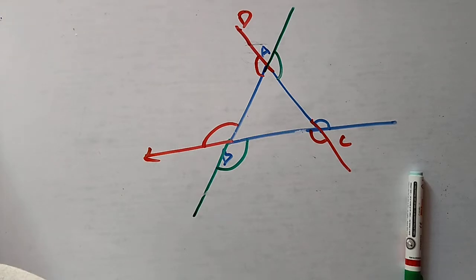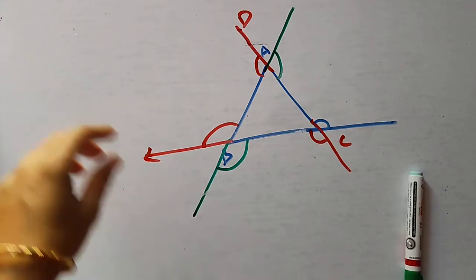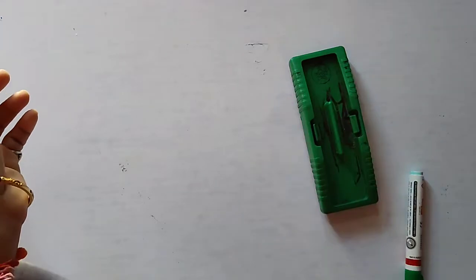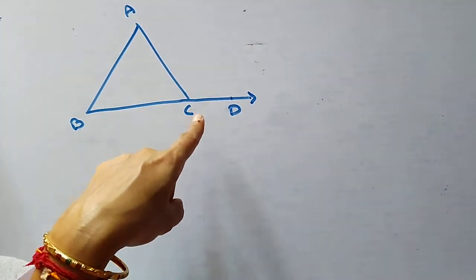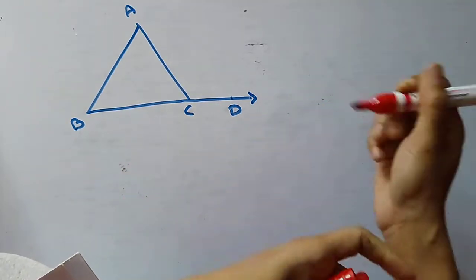Okay, so now see here. This is again a figure. This is triangle ABC. The exterior angle is ACD.